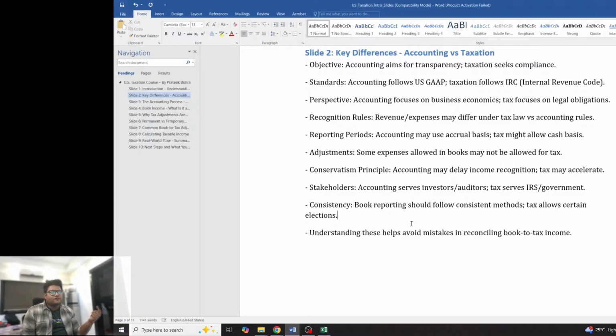We will discuss that in the future, but for now you can understand that whatever extra depreciation we are allowed based on IRS documents, US taxation might allow the elections for them every year. So we can opt out of that method, or we can opt in to that method based on the respective requirements. So tax allows certain maneuverability.